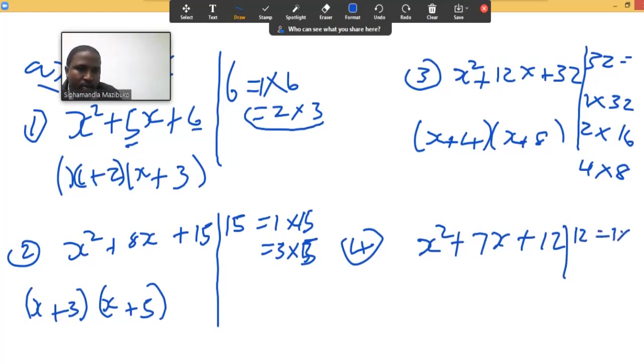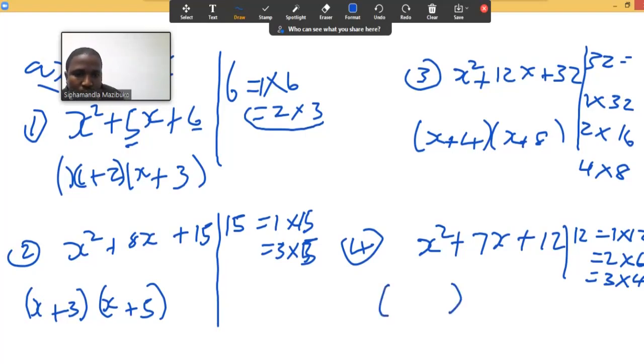In this case, it would be 1 times 12, equal to 2 times 6, equal to 3 times 4. So these are all the factors we can find of 12. So we're looking at the factors that when we multiply them, they give us the last term, and when we add them, they give us the middle term.